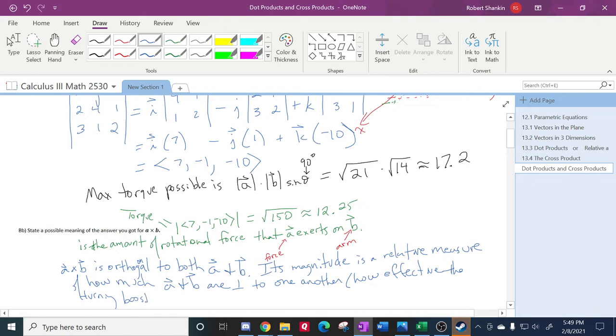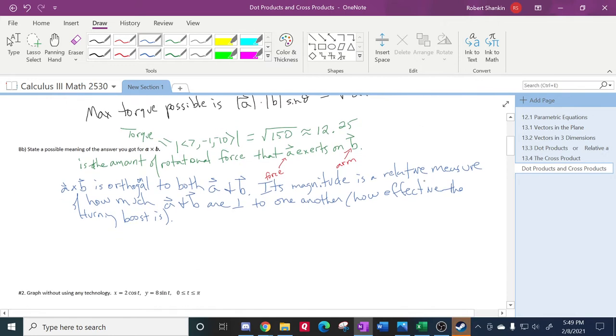If it's a rocket and you're firing off another little booster rocket to turn you, it's 12.25 out of a possible effectiveness of 17.2.